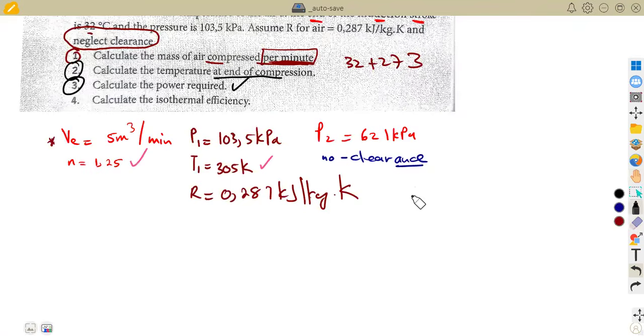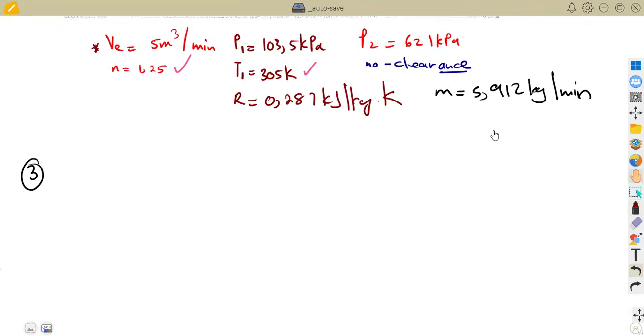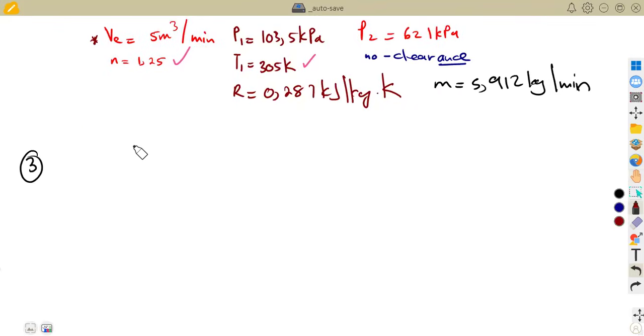All right, let me just take one or two things. Remember, we calculated the mass. We got our mass. It was 5.912 kilograms per minute. I want you to be careful there. You want to calculate the power, so this power is going to be in kilowatt. For power, remember, there are 2 formulas that we wrote here.